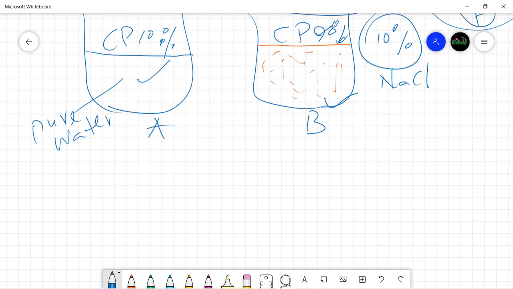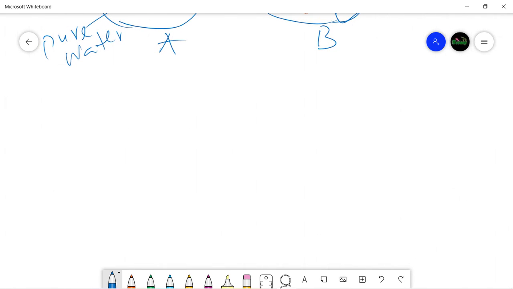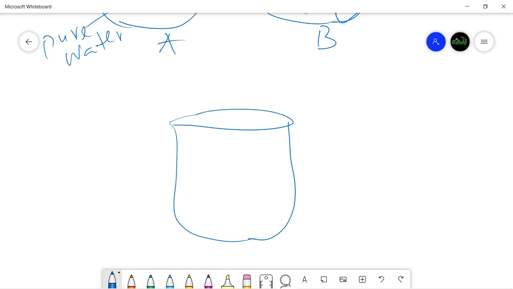So now let's revisit our example of osmosis. So again, we take a beaker, and we have added a certain amount of solute molecules to it. Say it is a 10% sucrose solution.